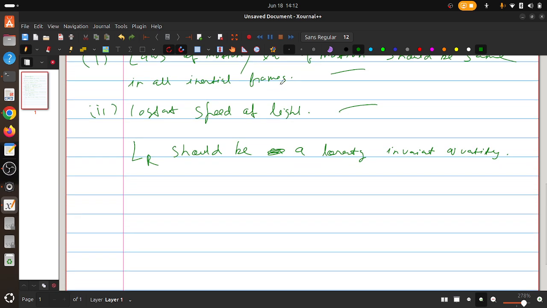So what is the most basic invariant quantity that we have in relativity? It was our ds squared.